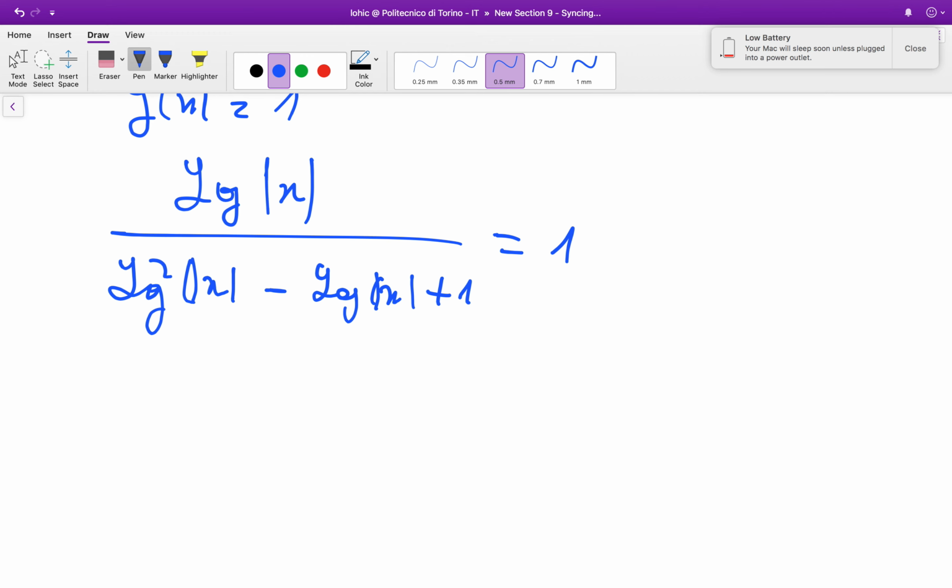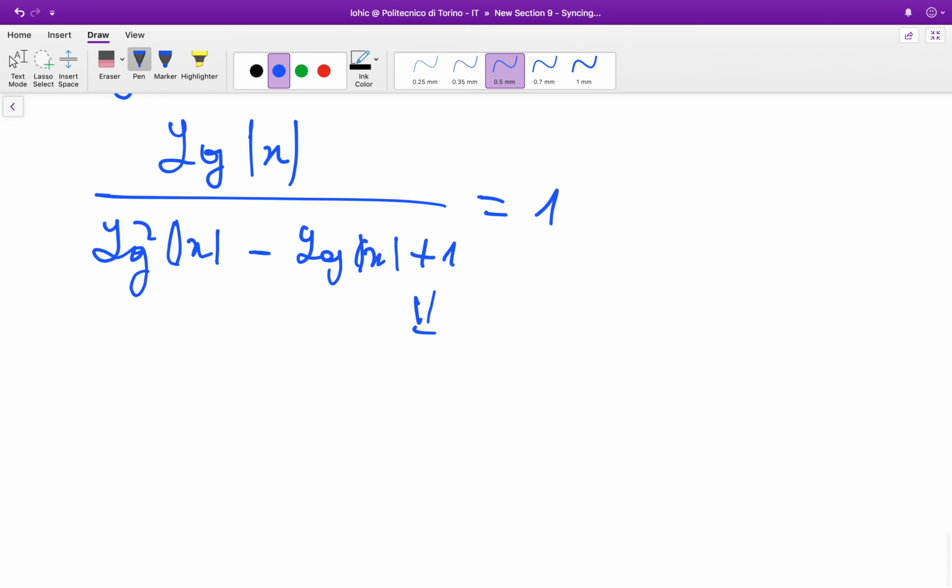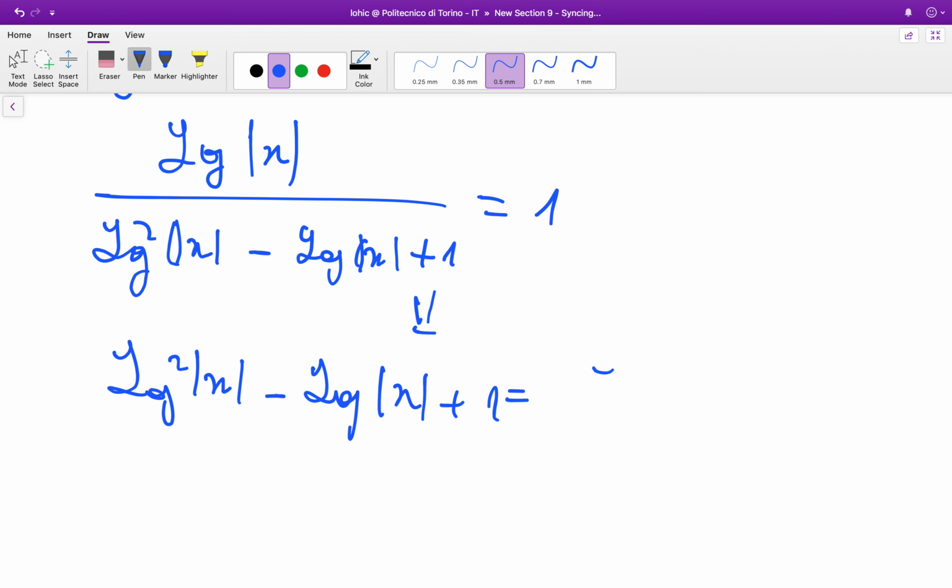So this leads to the equation: log square of absolute value of x minus log of absolute value of x plus 1 equal to log of absolute value of x, right?